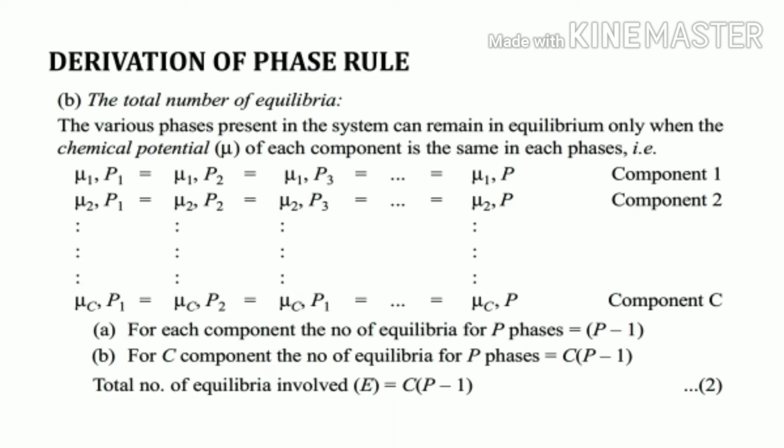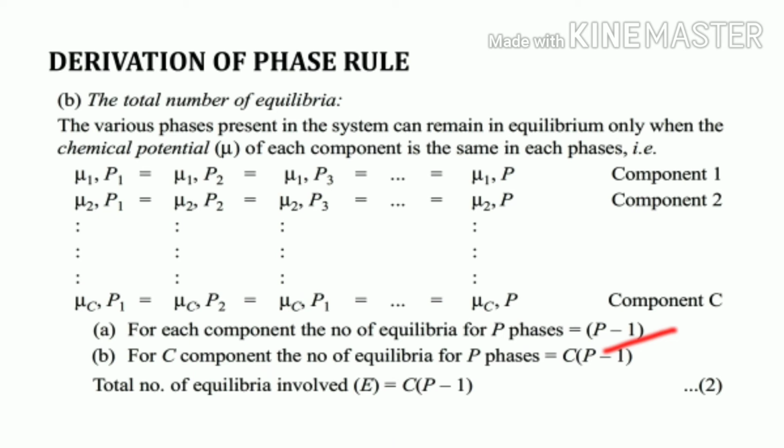Therefore, for each component, the number of equilibria for P phases is equal to P minus 1. Since one independent equilibrium equation is required to describe two phases for component 1, and similarly two independent equations are required to describe three phases for component 2.